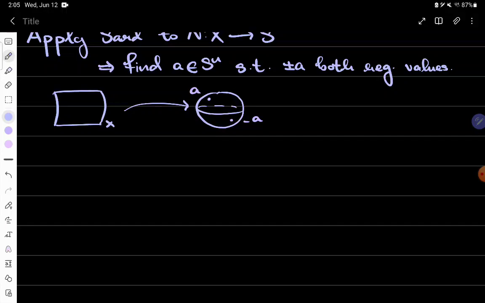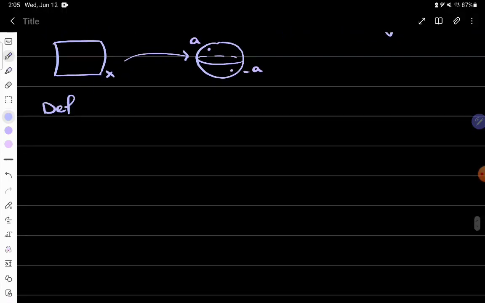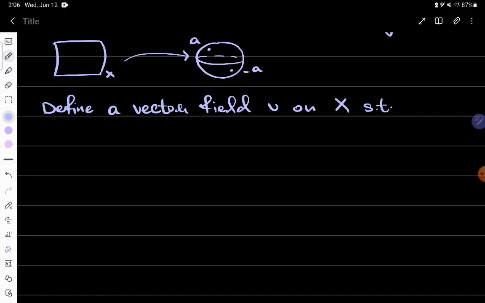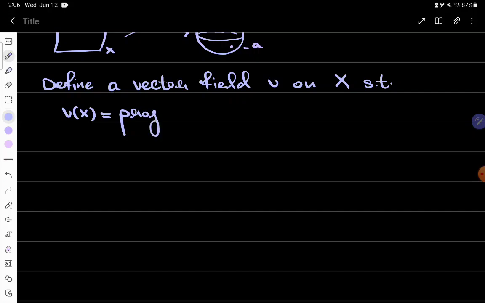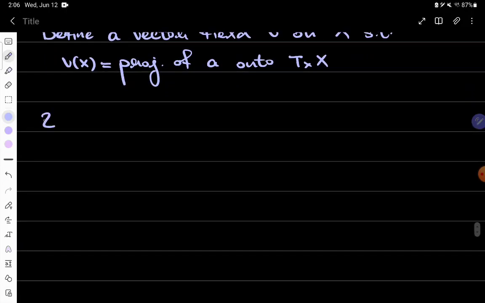And now we're going to define a vector field V on X, such that the value of this vector field at each point is the projection of A onto the tangent space at this point. So now we can ask ourselves, what are the zeros of V?